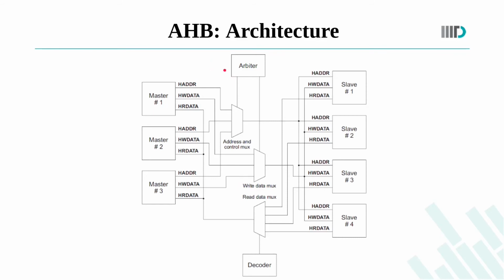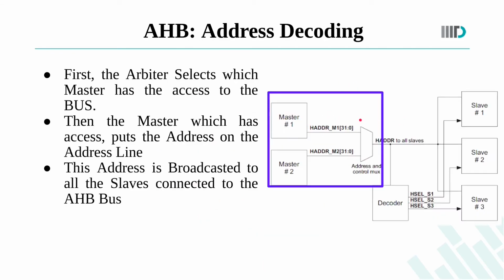And the architecture of the AMBA specification of the AHB bus is like this. There are multiple masters and multiple slaves, and there is a common bus which multiplexes data coming from the masters and demultiplexes data that comes from the slaves. For address decoding, whatever master sends the data, there is an arbiter which selects which of the masters will get access to the address bus.